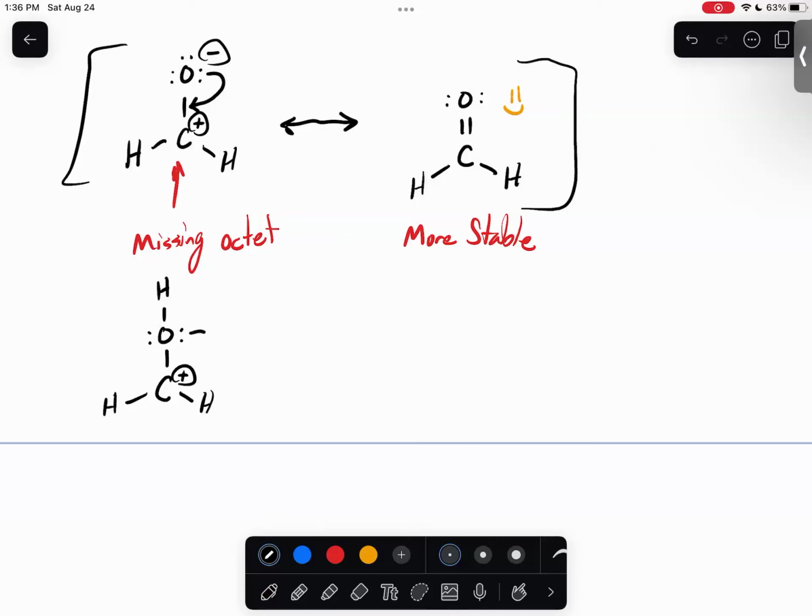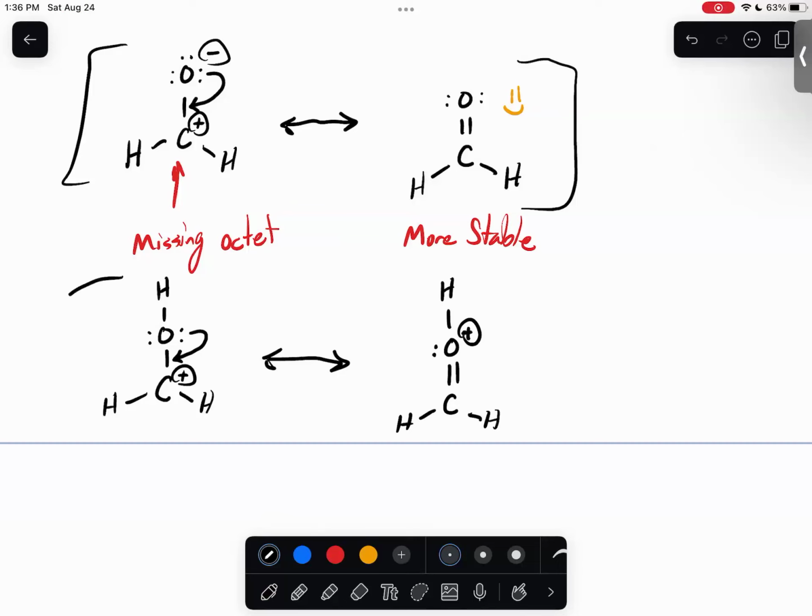We can see that, okay, if we were to do resonance here, right, by giving a double bond to that carbon, giving it four bonds and taking away a lone pair from that oxygen, now the carbon has a fulfilled octet, has all eight. The oxygen is now missing a lone pair, right, but it still has its octet. It will now have the positive charge.